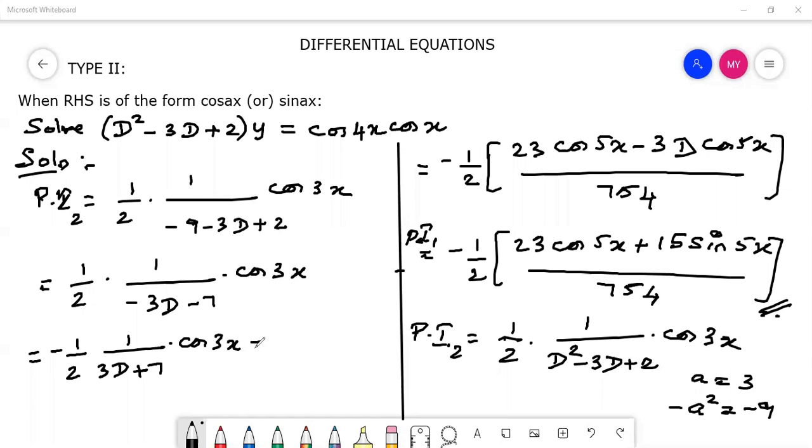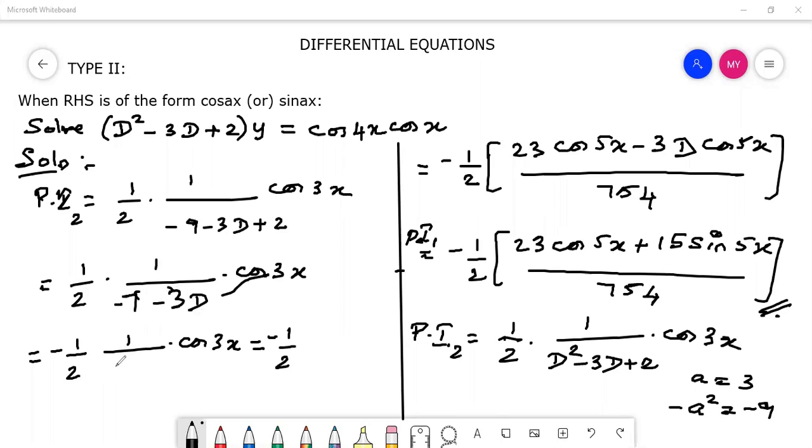So what is the conjugate for this? After multiplying, write this negative 7 in the front and negative 3D.